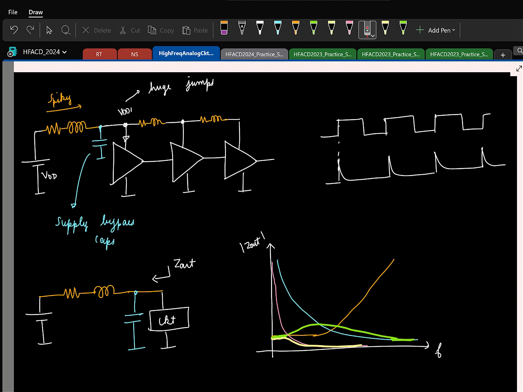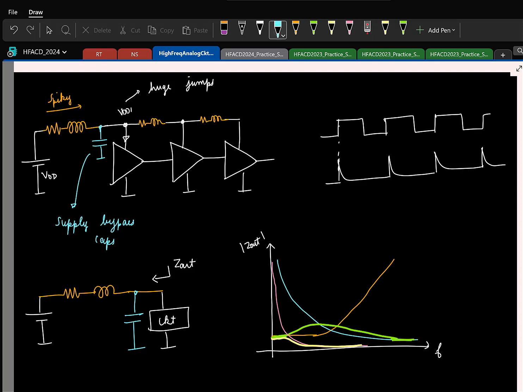And remember that this capacitor has to be placed close to the supply of the circuit, right? You can't keep it outside the chip because then that will completely destroy the purpose. It has to be sitting right next to your supply so that it compensates the inductance you have.